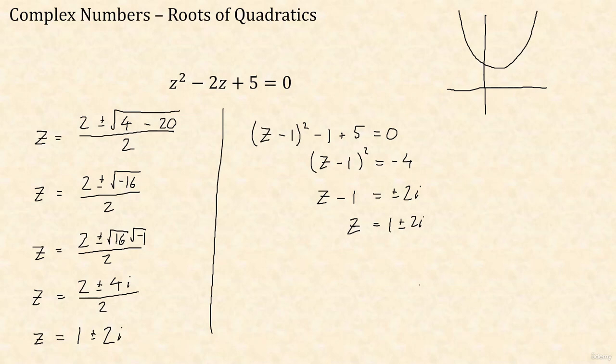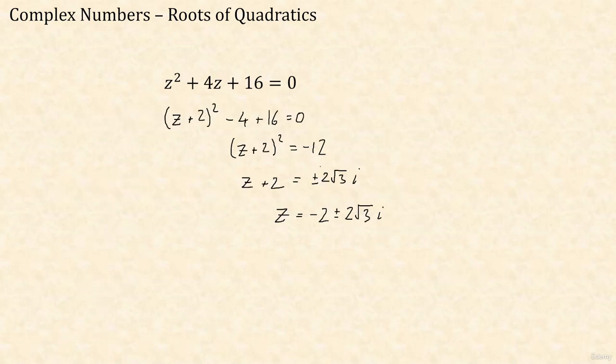So always, the structure of the complex solutions of quadratics is in the form a plus or minus bi. Another way of phrasing that, the two complex solutions of a quadratic equation are always conjugates of each other.